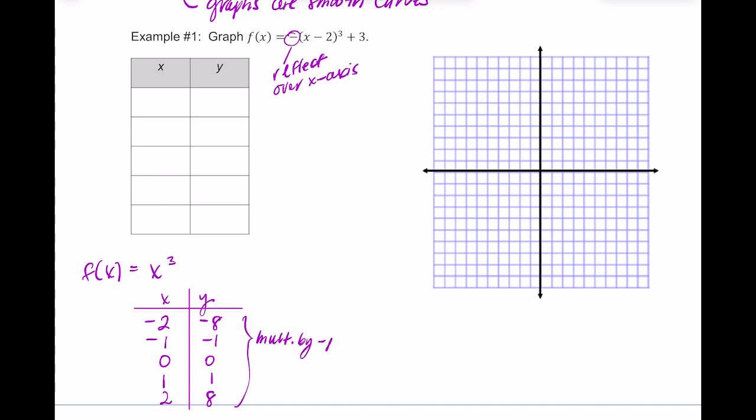The other thing that's going to affect the y's is the plus 3. Remember, that's a vertical shift, and it's going to go up 3. So we're going to add 3 to each of the y values.